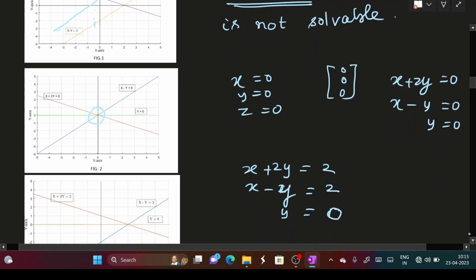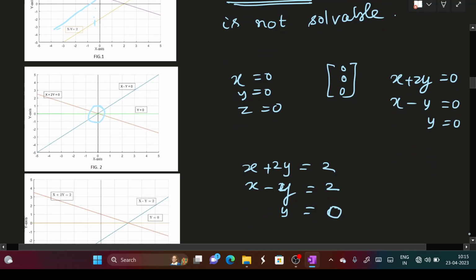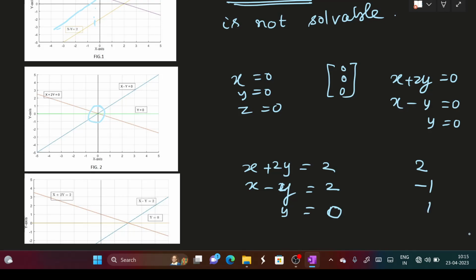In that case, this new right hand side will be 2, 0 minus 1, so it is minus 1, 1. For another choice of right hand side, the system of equations will also have a solution. Likewise, the first equation can also be moved to the point of intersection of the other two straight lines. There are several combinations which give us non-zero solutions.